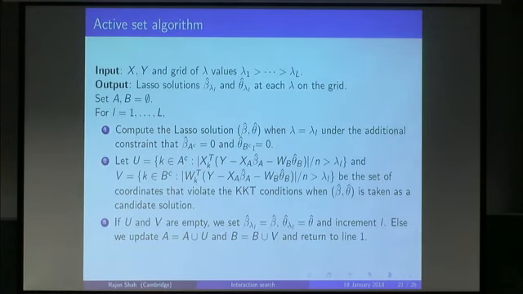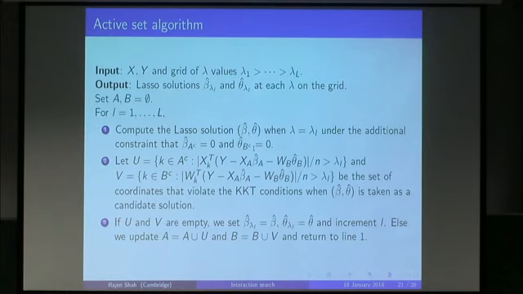And among the fastest algorithms for computing the lasso is this active set type approach. So we're interested here in computing the lasso on a grid of lambda values that are decreasing. And the way that this active set algorithm works is essentially you would have a guess of the support set of the beta, which is the main effects, and the support set of the theta hat, which are the interactions, and then you try to solve the lasso just on that active set, setting everything else to 0, and then you go and check, was your solution actually correct?